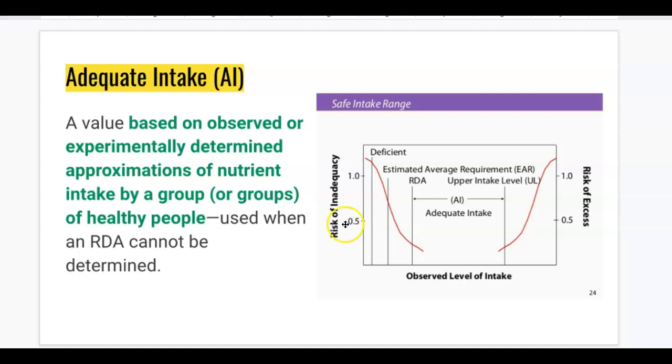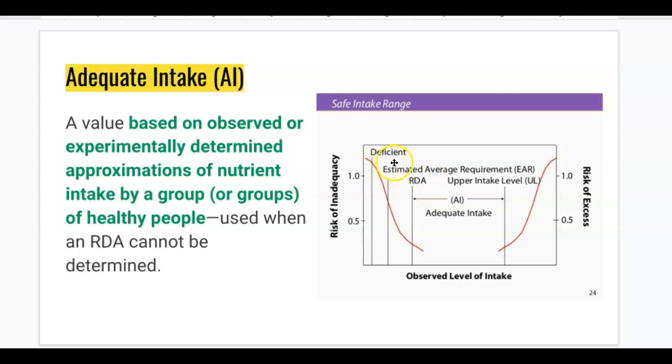The adequate intake, which you see here, is a wider range. We are going to use the adequate intake whenever the RDA can't be set. The RDA is really one of the highest levels of recommendation.